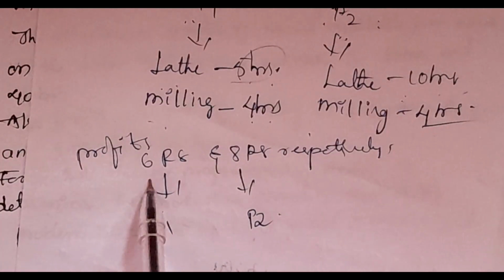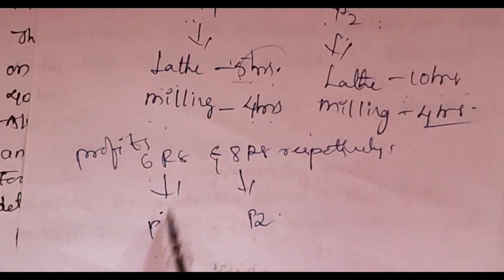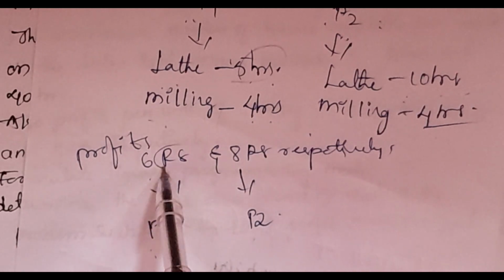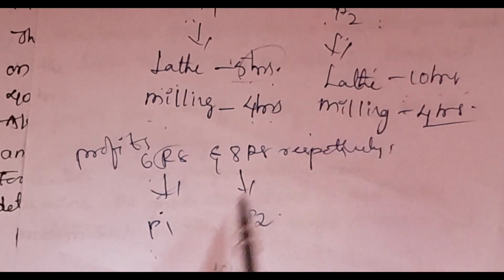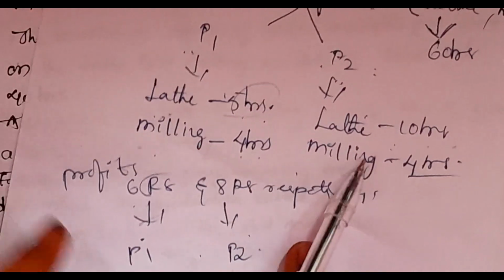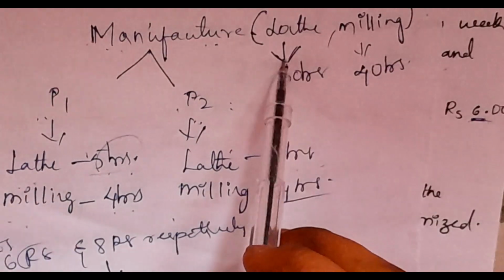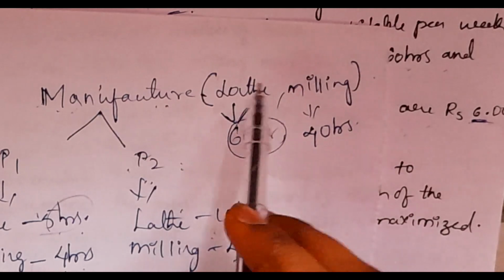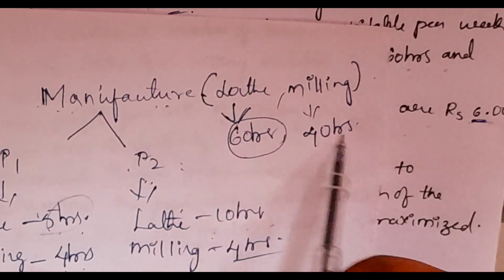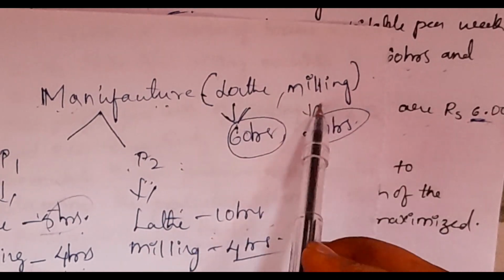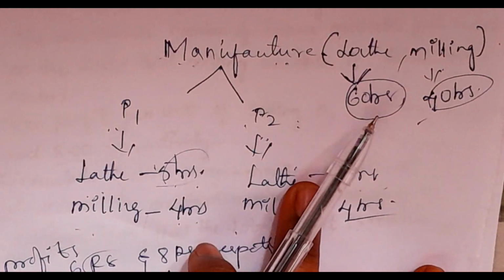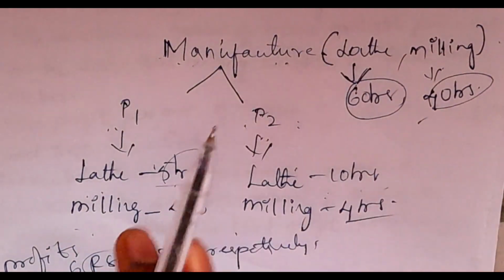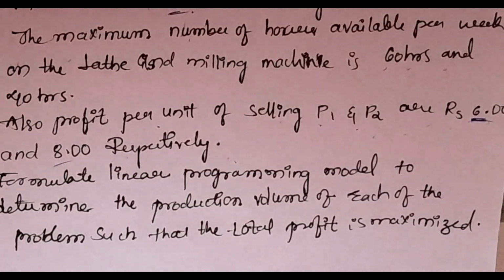The profit of P1 after selling is 6 rupees and the profit of P2 is 8 rupees. The lathe can work 60 hours in a week and the milling machine 40 hours in a week. This is only for your understanding purpose. No need to write it in your answer sheets.